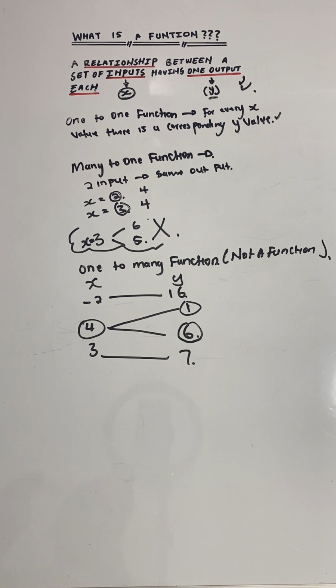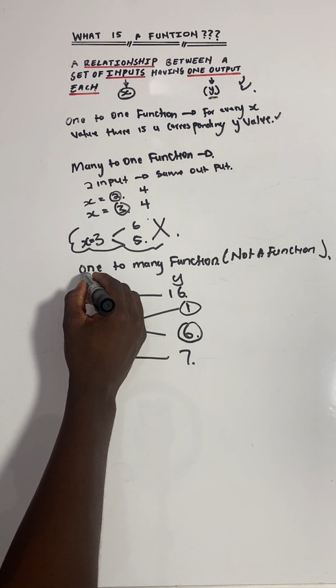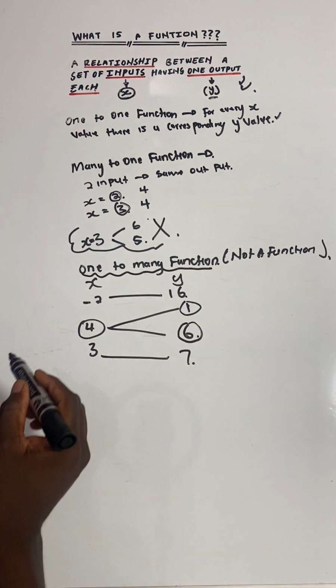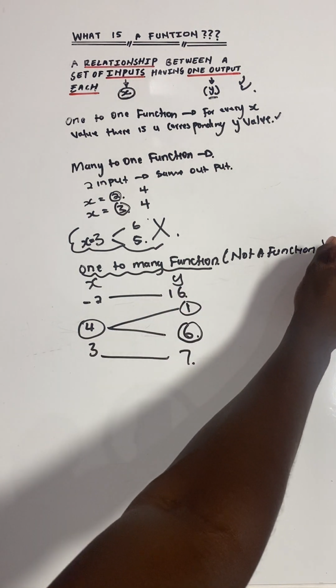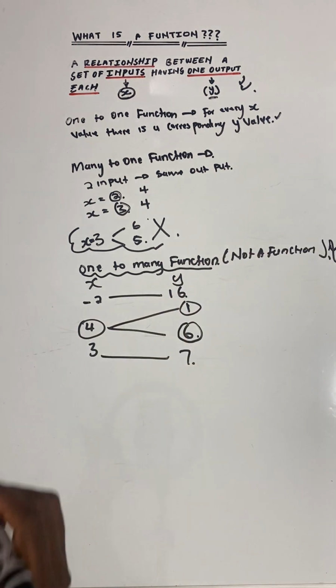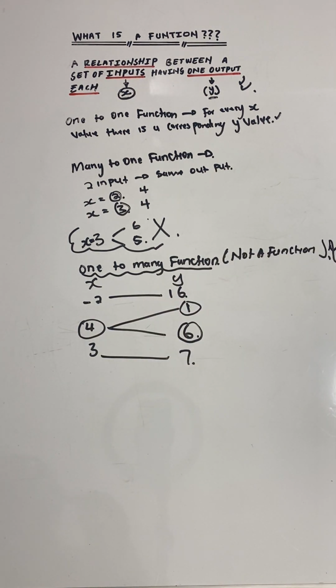If this does not make sense, please go back and play the video again and try to listen carefully and follow what I am trying to explain here. So a one-to-many function, we don't have a one-to-many function. That is why we're saying this is not considered a function. Okay, so now let us move to the next phase.